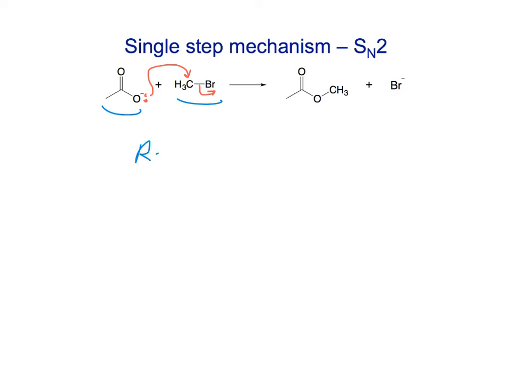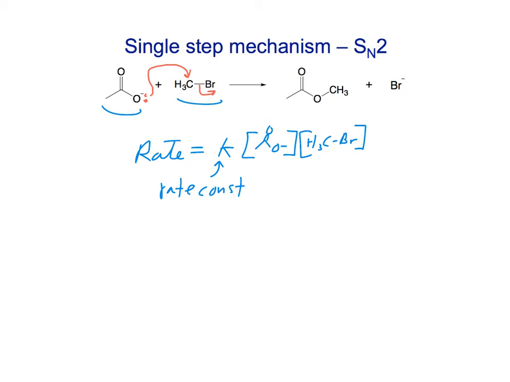So the rate of this reaction will equal k, the rate constant, times the concentrations of both the nucleophile and the electrophile.